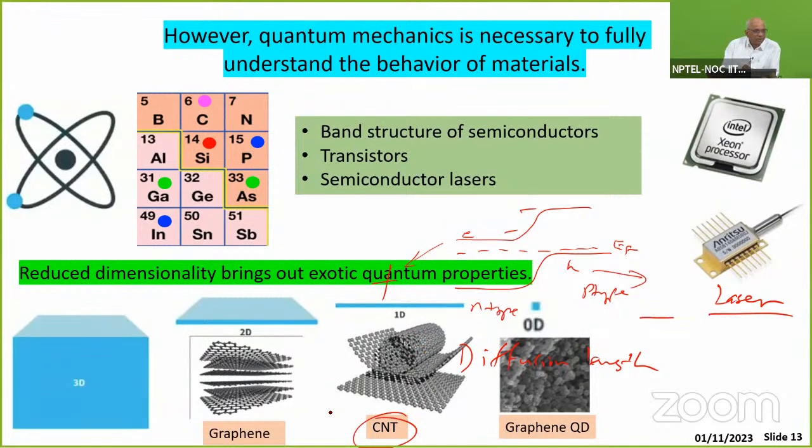This is two-dimensional graphene. So my question is, why doesn't the tube fold back into a flat sheet? Or vice versa, why doesn't this fold into a tube? If this is graphene, imagine there is a thickness here, but graphene is much thinner.